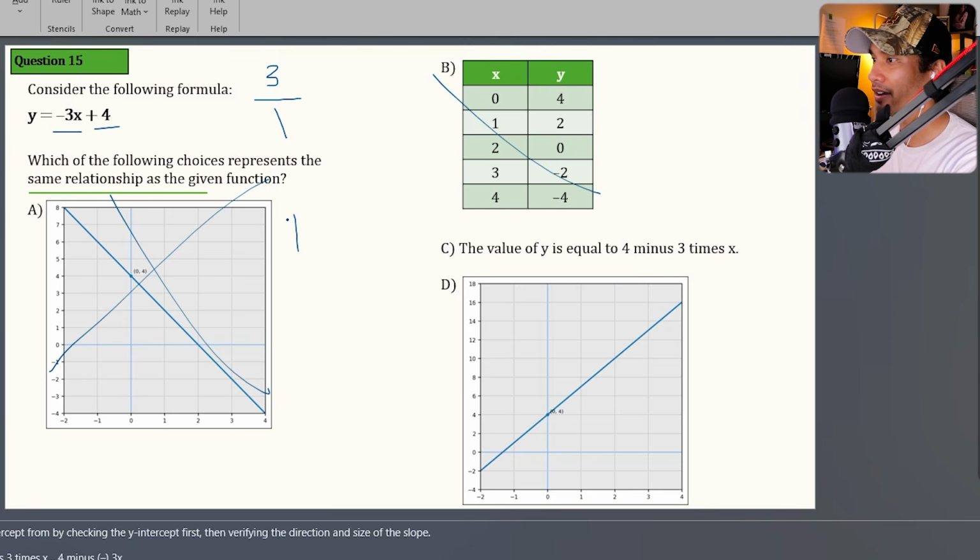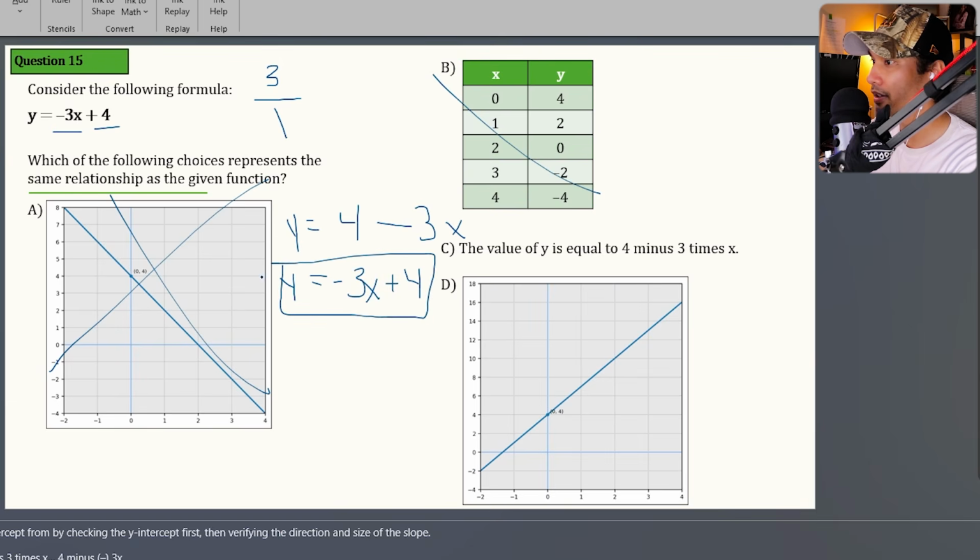The value of y equals 4 minus 3 times x. And does this look familiar? It does, because this is the correct answer. And then we just manipulate it to where it's y equals mx plus b, like this.